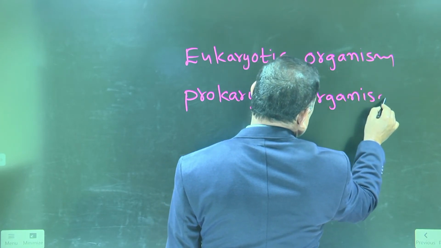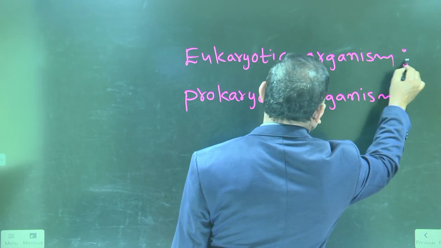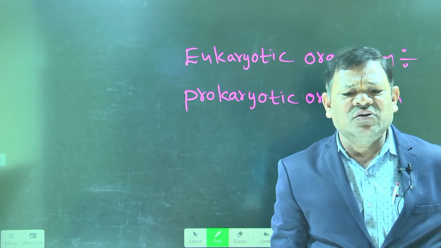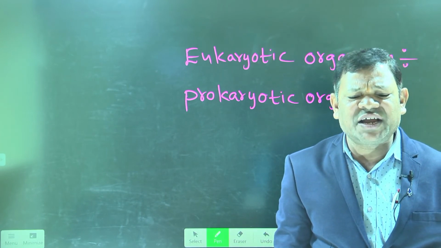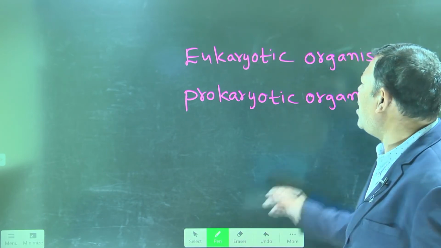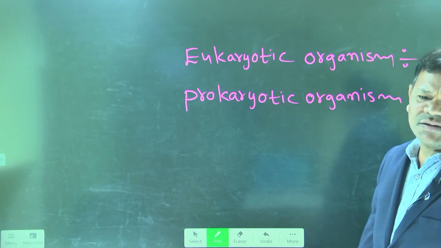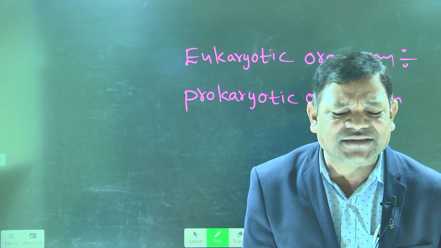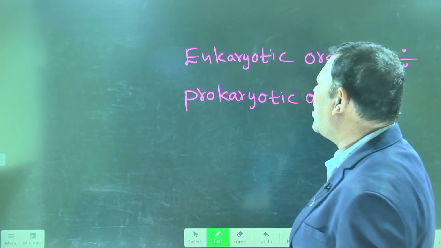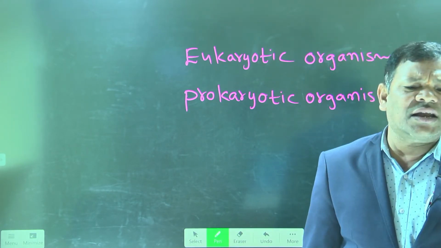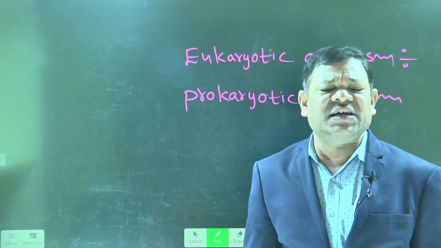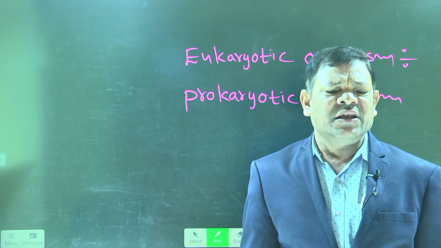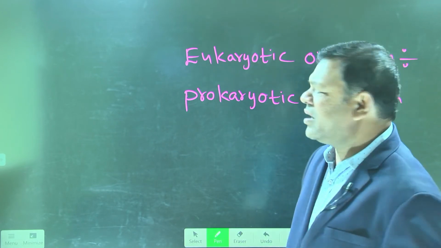What is the meaning of eukaryotic organism? Organisms in which the nucleus and nuclear membrane are present are called eukaryotic organisms. Eukaryotic organisms are the most advanced organisms.